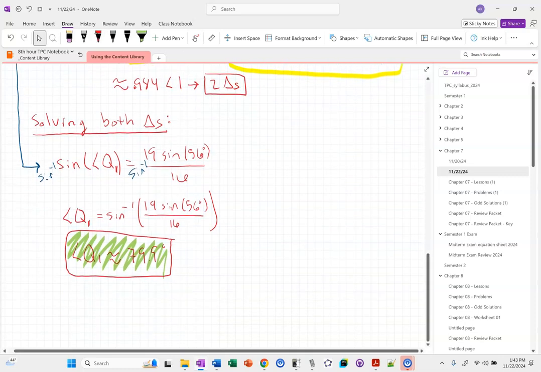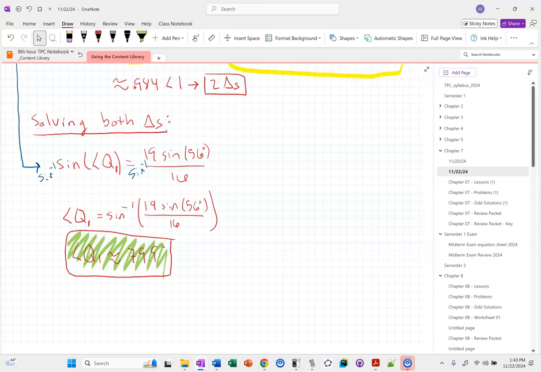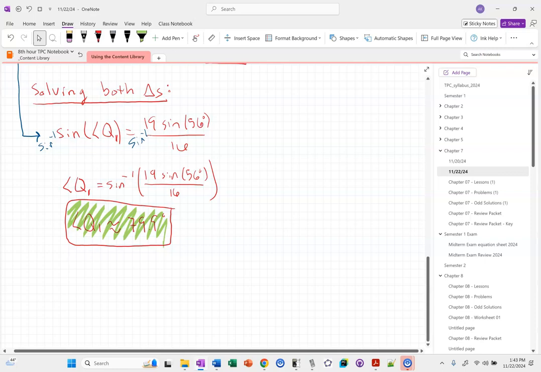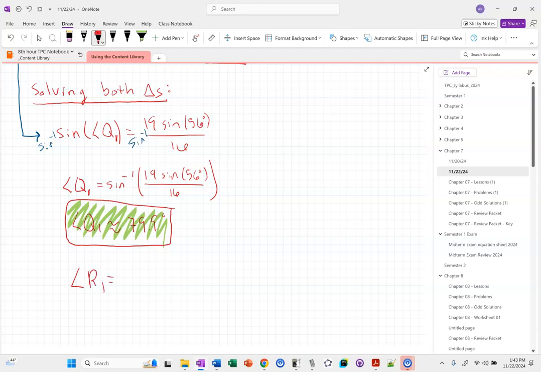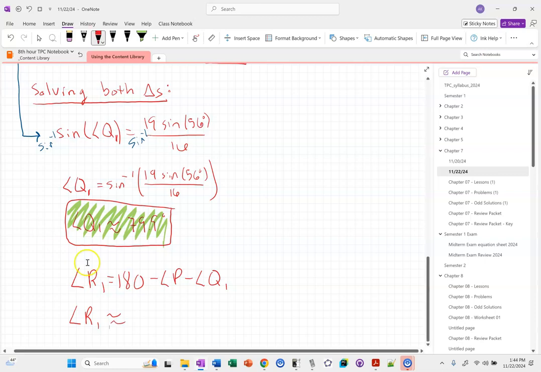So far so good? So now I have angle P and angle Q. So that's going to allow me to get angle R for free, because I have now 2 of the 3 angles. Right?